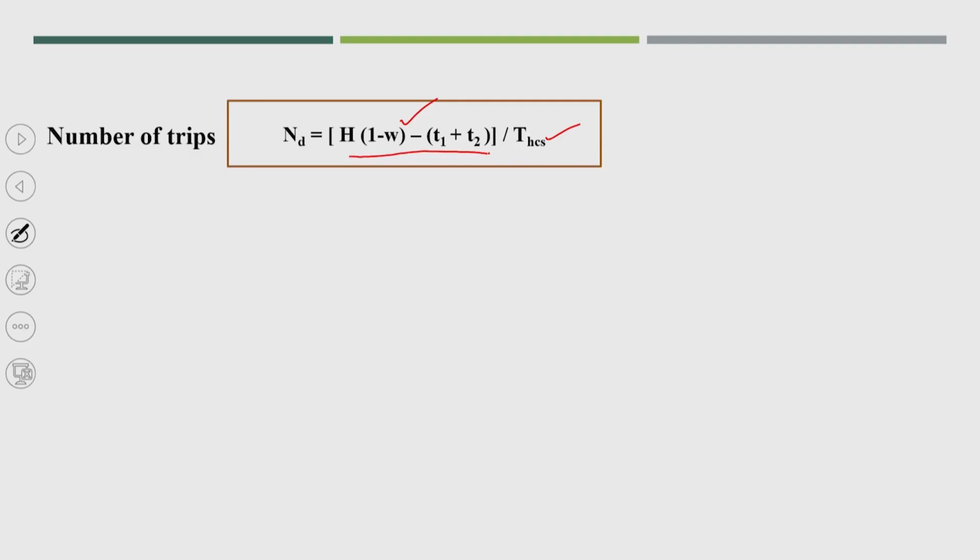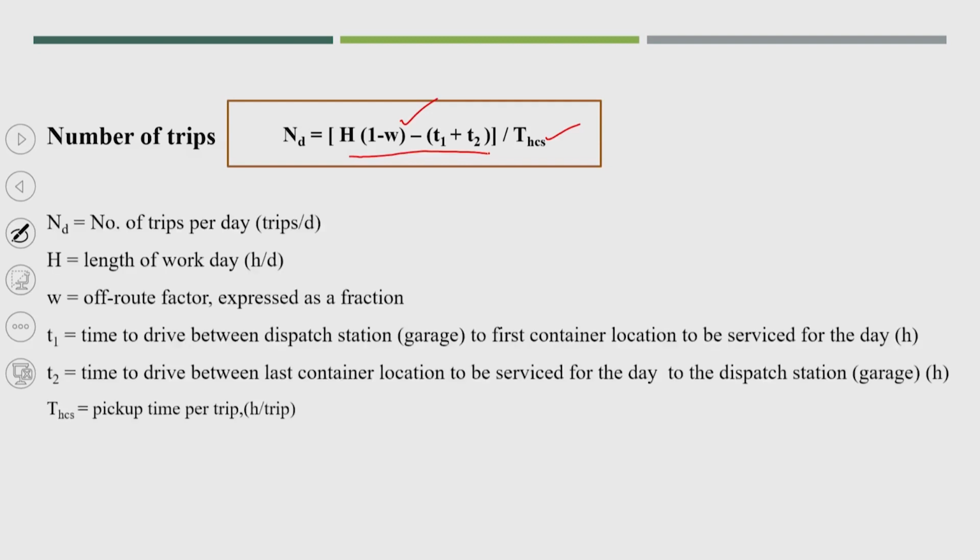And also we minimize T1 and T2, where T1 and T2 are the times required to drive between the dispatch station from the garage to the first container, that is T1, and T2 is the time to drive between the last container location to the dispatch station finally.